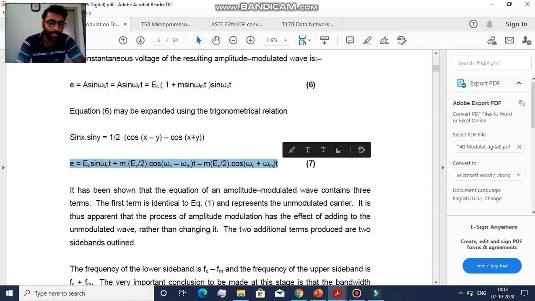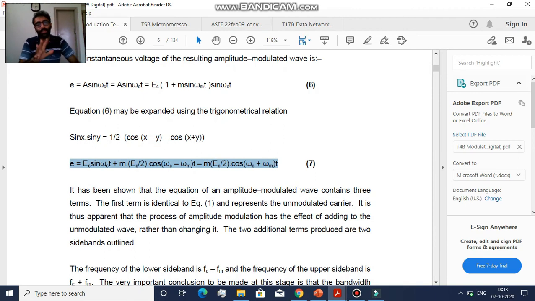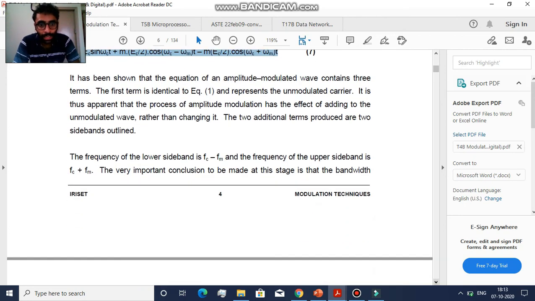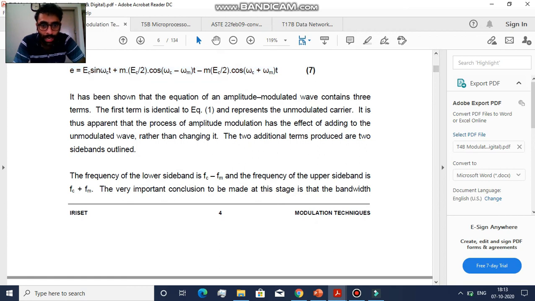So this is basically the time domain expression of the resultant amplitude modulated wave. Here you can see there are two components, omega c minus omega m and omega c plus omega m. So there are two side bands to this amplitude modulated signal: one is fc minus fm and the other is fc plus fm.